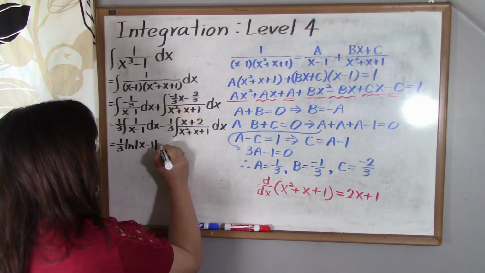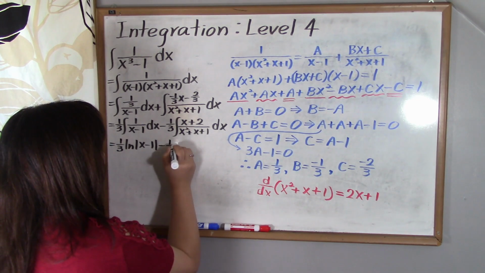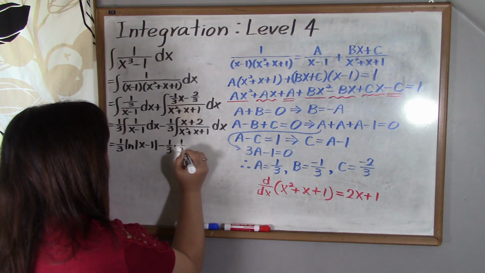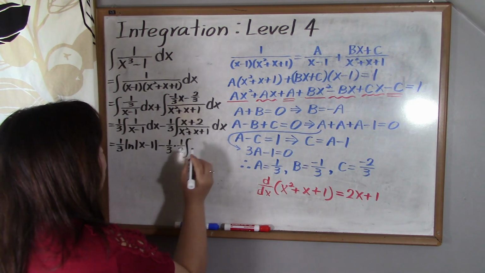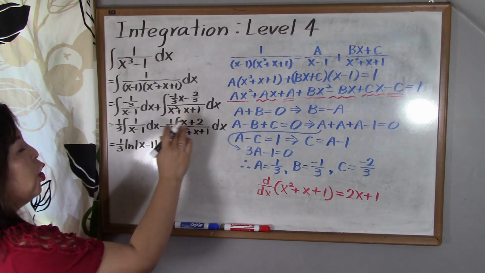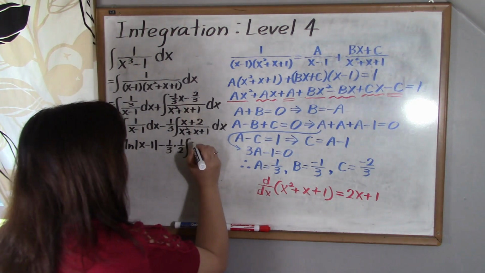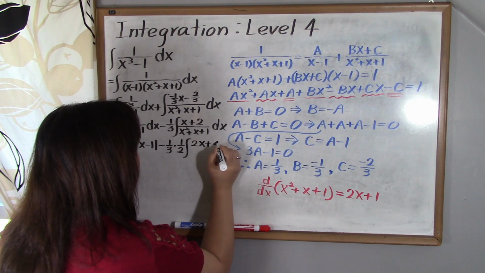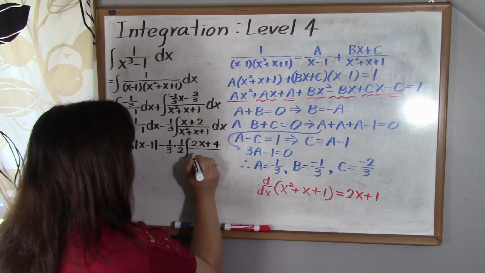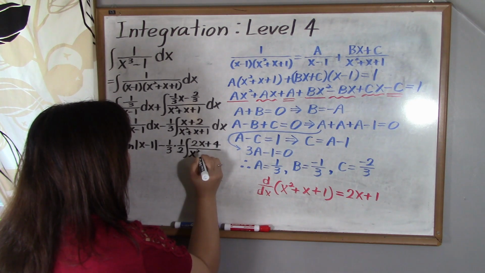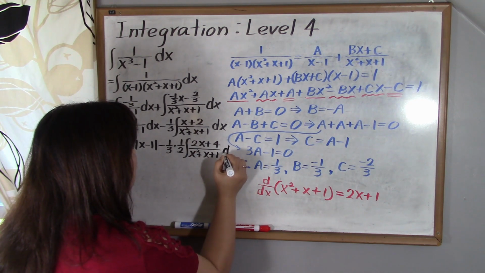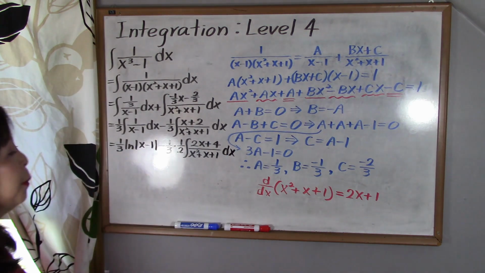So let's do it. So negative 1 over 3 times 1/2 integral of, we're going to multiply the numerator by 2. So that is 2x plus 4 all over x squared plus x plus 1 dx.